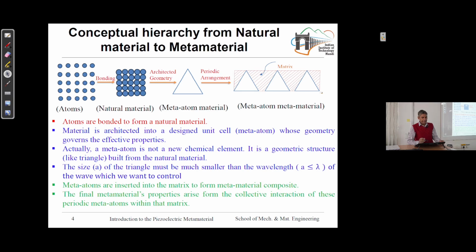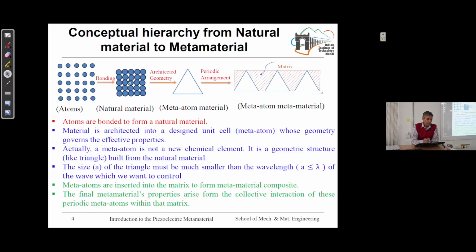If you look again at the concept of how we make the metamaterial, you can see generally we have the atoms, and these atoms are bonded to make the material. So we have the natural material. It may be aluminum, it may be copper, and so on.